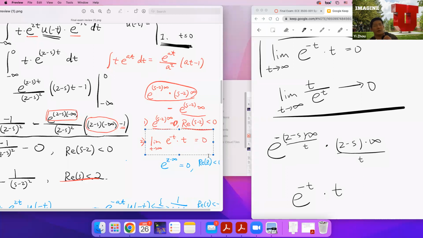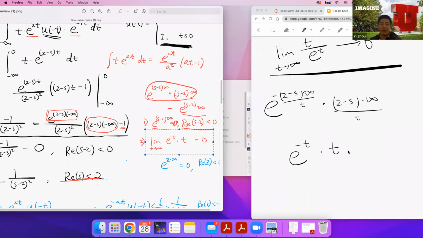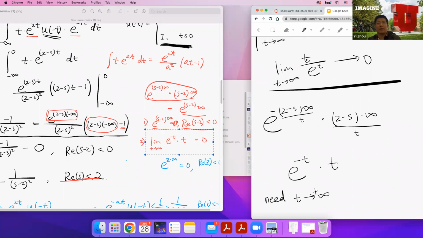So all we need to make sure is that t goes to positive infinity. This is t divided by e to the power of t. If t goes to positive infinity, this term goes to 0, because the denominator explodes exponentially fast.